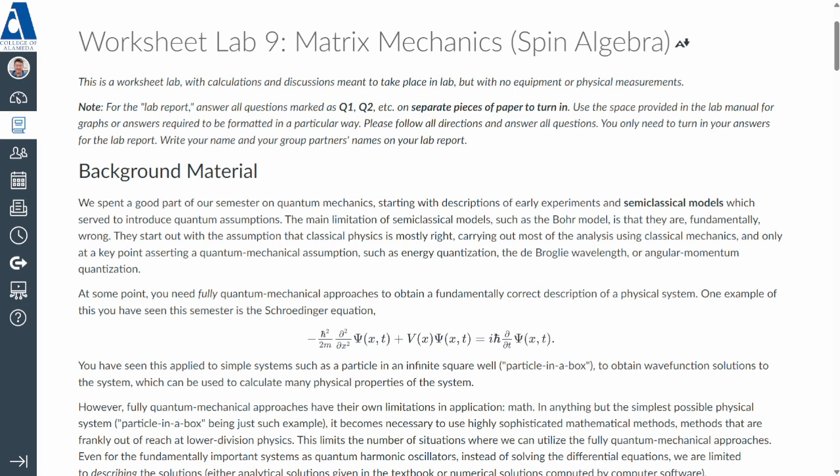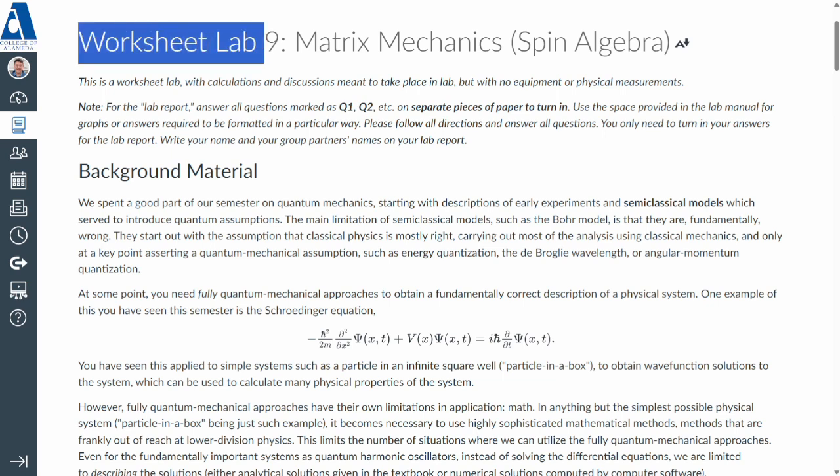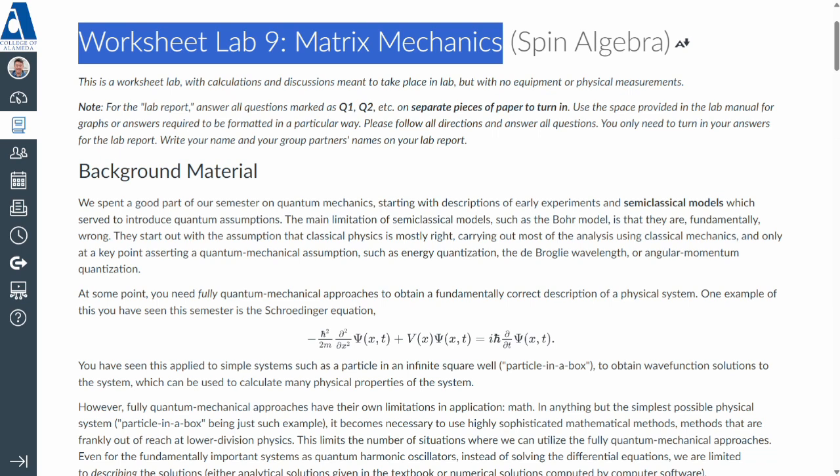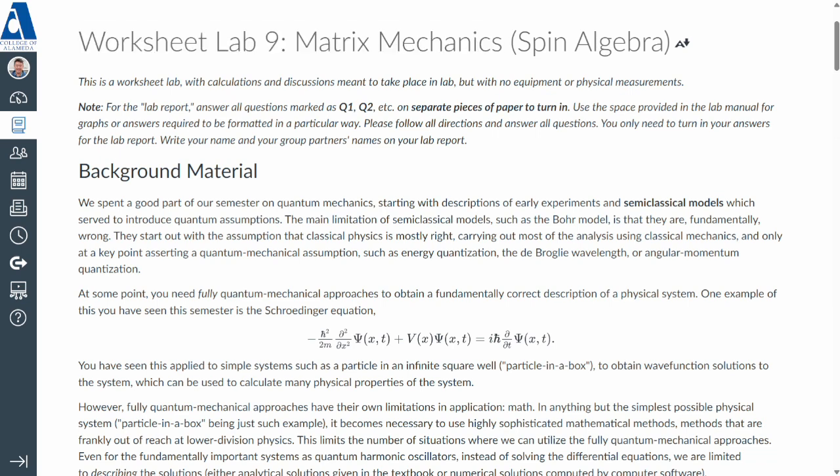In this online video setting, as a way to fill in the gaps of not having that interactive environment and also not having the printout of the lab manual, let me display this Worksheet Lab 9 Matrix Mechanics Manual and just read through it. I encourage you to read through the displayed lab manual on your own.